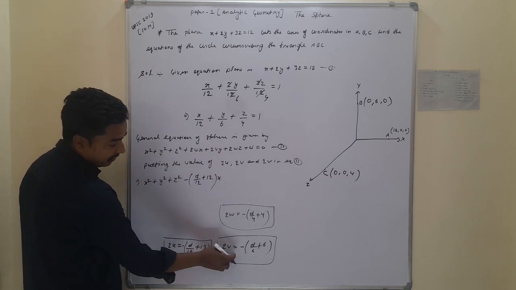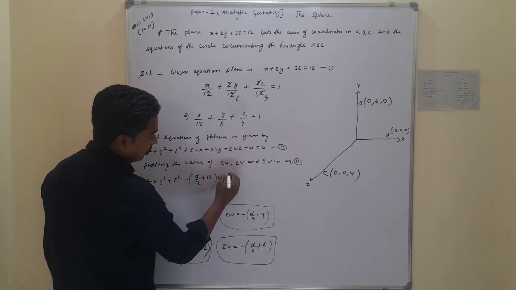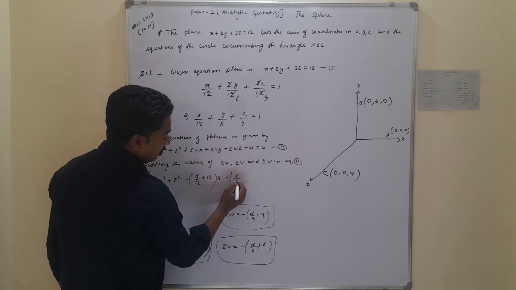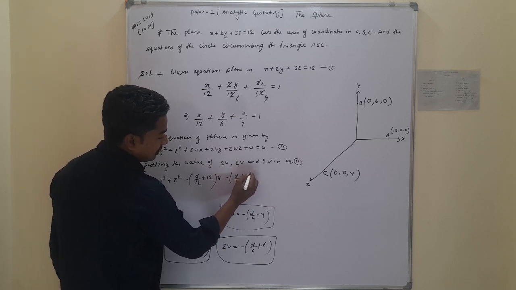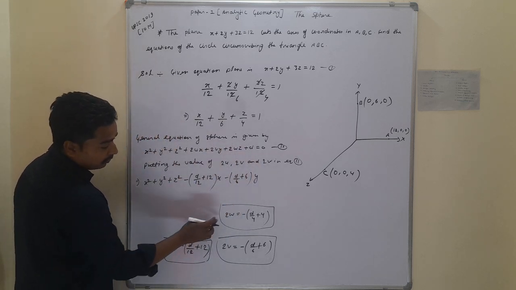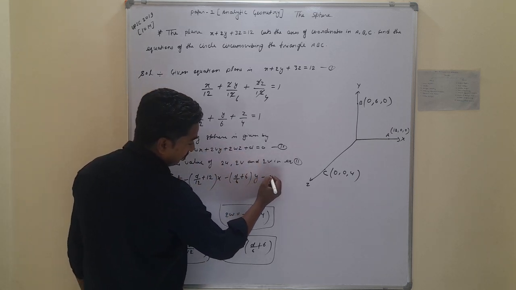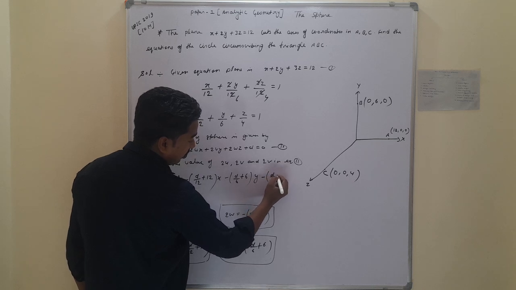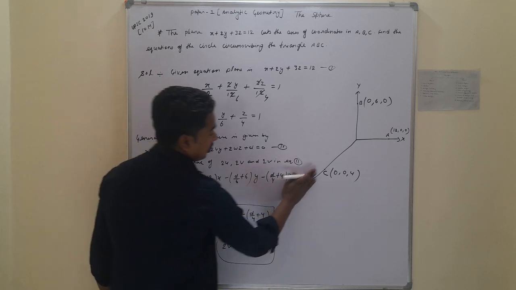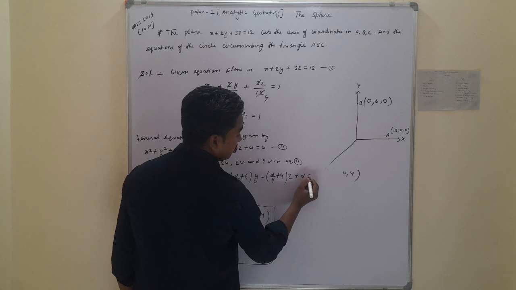Similarly for 2v, minus (d by 6 plus 6) into y. Similarly for 2w, minus (d by 4 plus 4) into z, plus d is equal to 0.